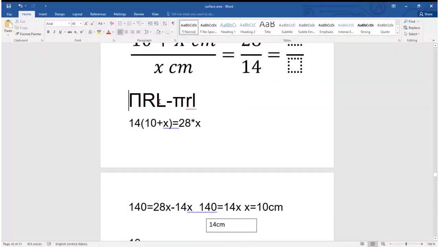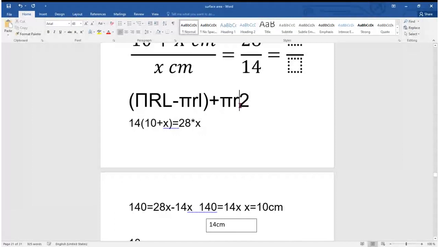And then because the bucket is closed at the bottom, you add pi r squared. So you add pi here. And remember the small radius is at the bottom, that's why you're using a small r.